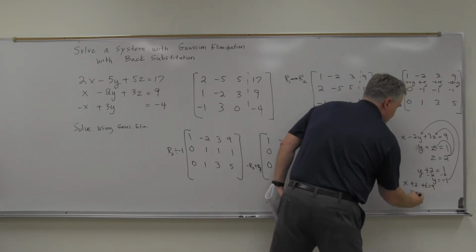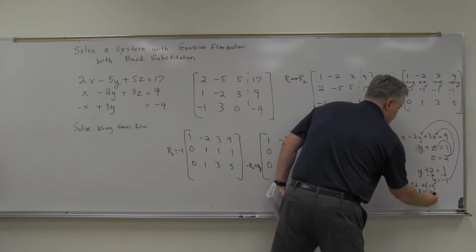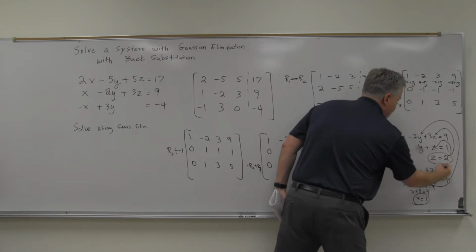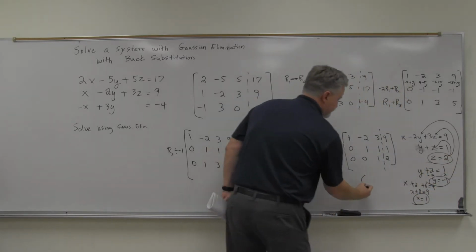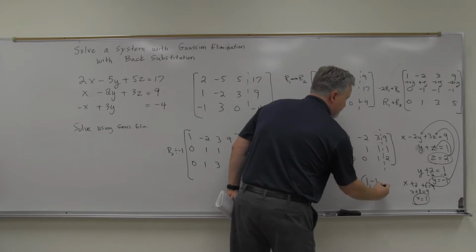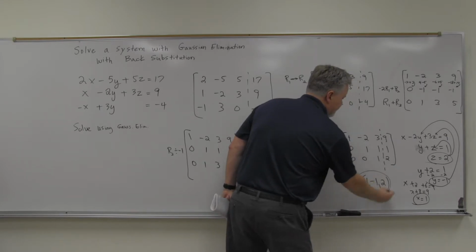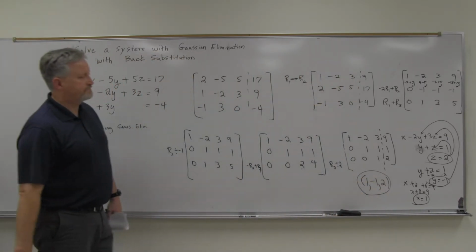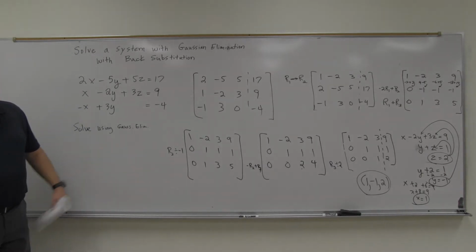So it looks like x plus 8 equals 9. That'd be x equals 1, which they would probably write in the ordered triple x, y, z. Okay, so there you go.